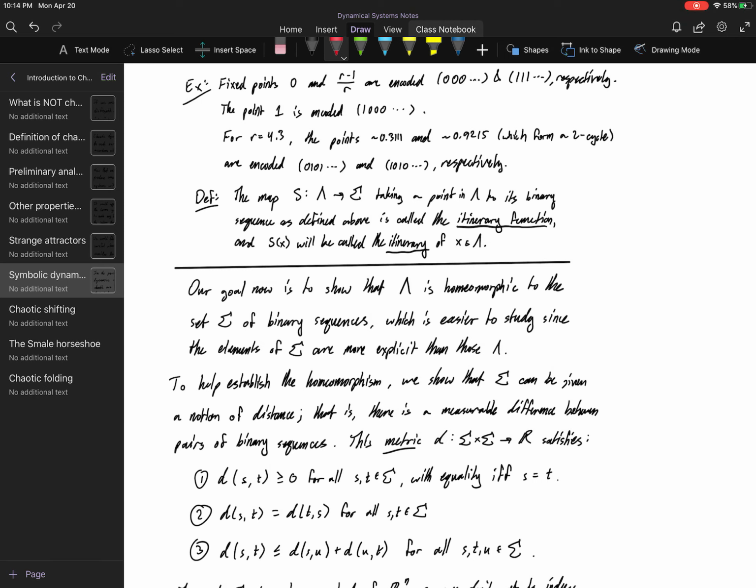For lambda lives inside of the real line, so there's an induced metric, an induced way of measuring how far apart points are in lambda by measuring how far apart they are on the real line itself. But the question now is, how do you measure how far apart two sequences are?